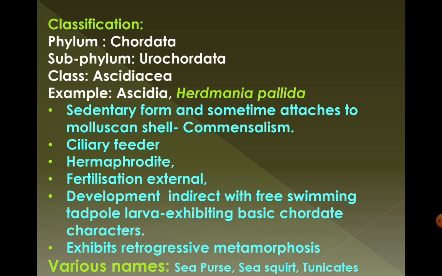There is one more name for this known as sea potato because it appears oblong, round to elongated in shape, and it also shows some pinkish to dark brown kind of patches on its body, and it appears like a potato, and because of that it is also called sea potato. These are the different names which are given to this Herdmania.